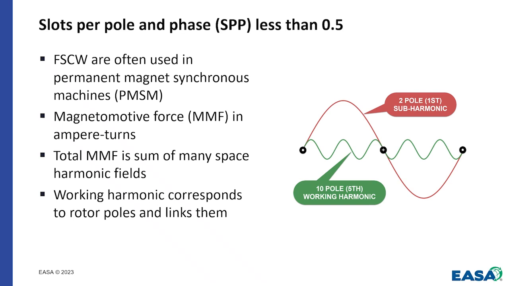So in the case of this example where we have a 12-slot, 10-pole machine, related to the fundamental, which has one pole pair or two poles, we want to use the fifth harmonic, which has 5 pole pairs or 10 poles. That's going to be what we call our working harmonic.